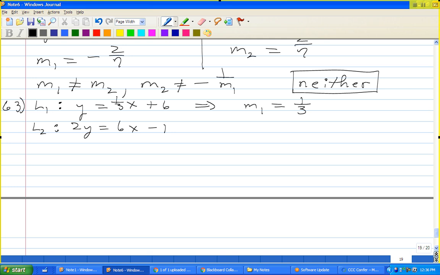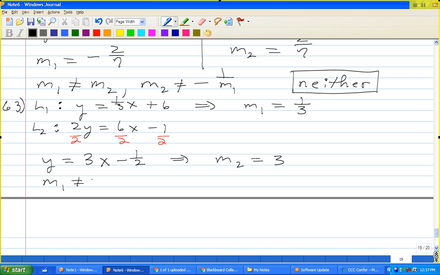For the second line, let's just divide by 2. And so you get that y is equal to, well, 6 divided by 2 is 3, x minus a half. But that means that the slope is equal to 3.